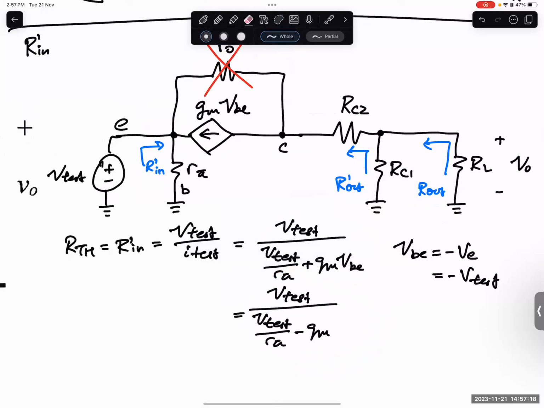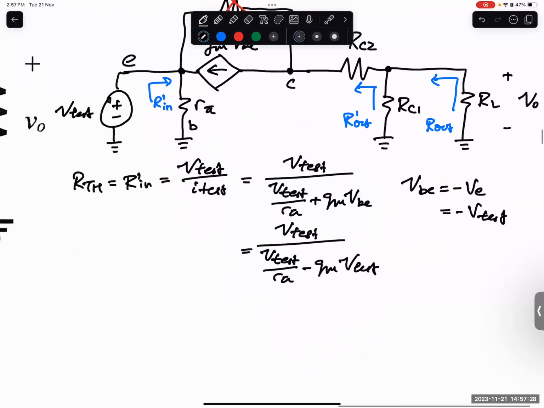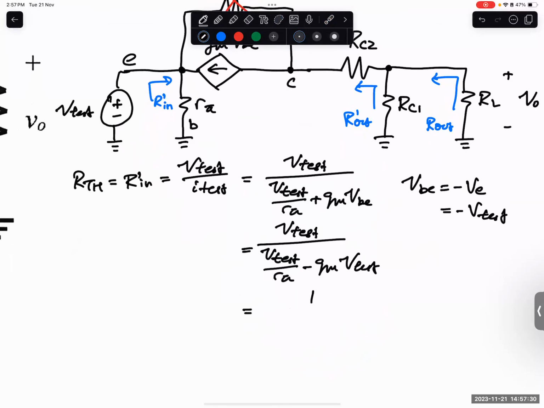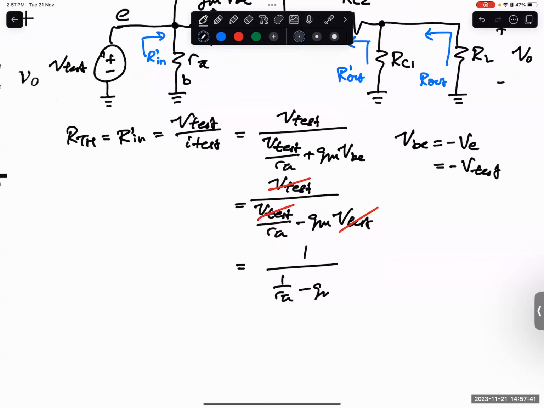The RC1, RC2, all those don't care, because you know the current is this one. Confirm is this current. So like that, the answer is actually just equal to 1 over, right? We cancel out all the V test, right? Like that. We divide by that one. 1 over R pi minus GM.